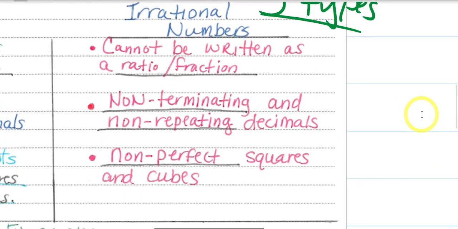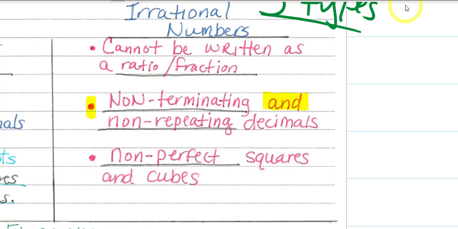So irrational numbers have these 3 attributes here. They cannot be written as a fraction. That's kind of the definition, or a ratio. We can't write them as a fraction or a ratio. So how do we recognize them? Really, the way you want to recognize them is this here. They are non-terminating and non-repeating decimals, both of those things.